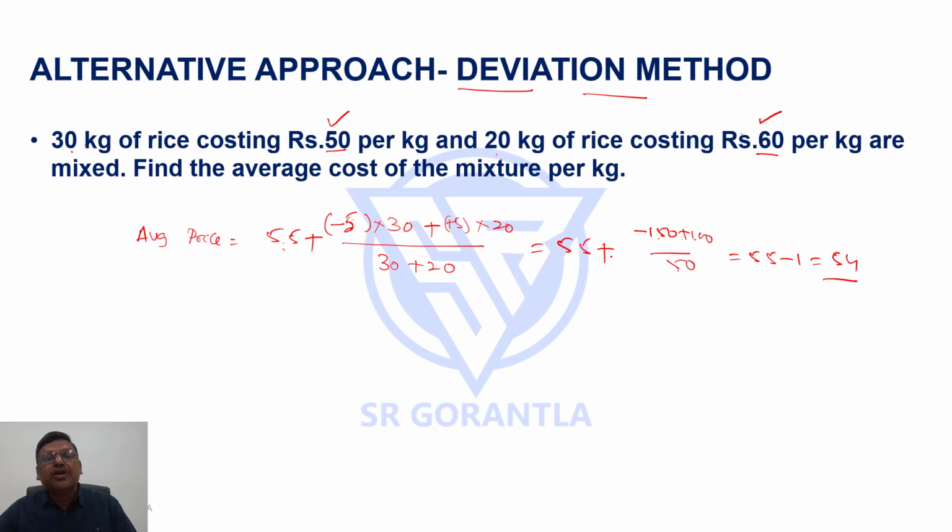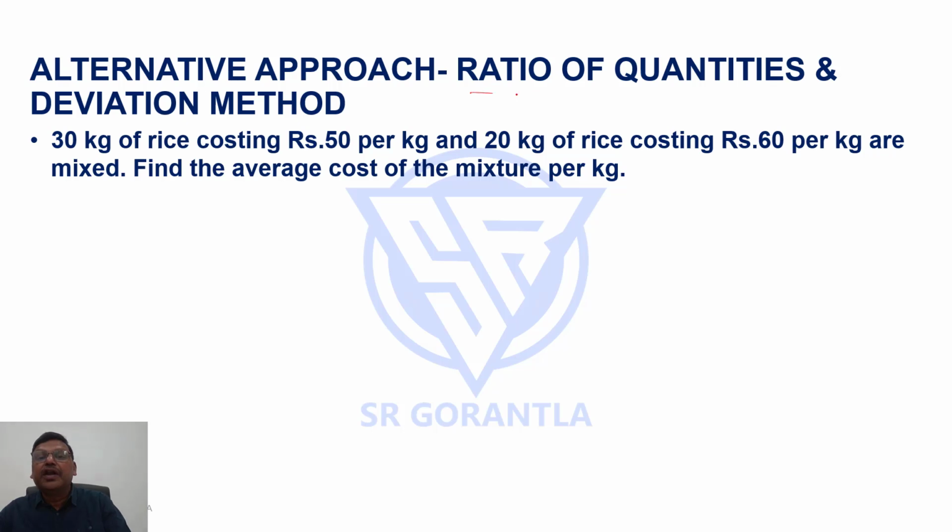The next point is, why should we consider exact quantities? We are using the ratio of the quantities, so why don't we club the deviation method and the ratio concepts together? Let's see. We take the ratio of the quantities as well as the deviation. So the ratio of the quantities is 3 is to 2. The prices are 50 and 60. When I want to find the average cost, I will take some number between 50 and 60 as reference, as I said, 55.